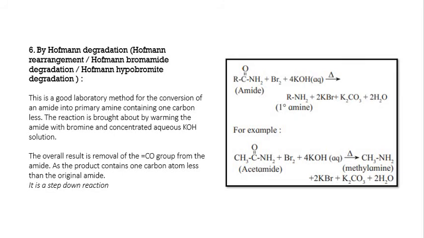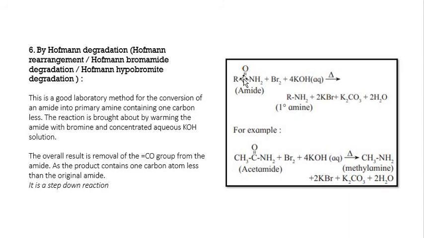That is why this kind of preparation is called Hofmann bromamide degradation, or it is a step down reaction. This is a good laboratory method for the conversion of amide into primary amine containing one carbon less. This reaction is brought about by the warming of amide with bromine and concentrated aqueous KOH.